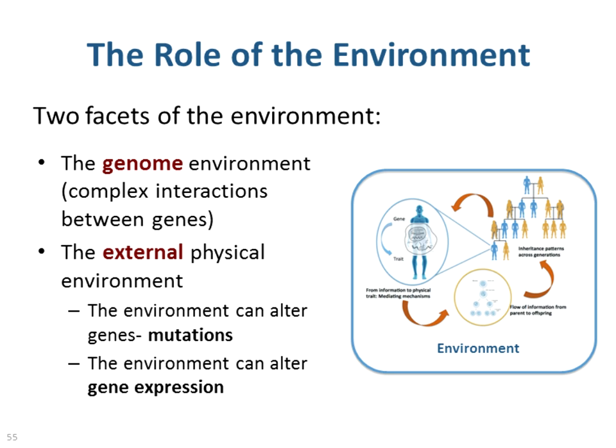But the environment can also alter gene expression. So if you think about something like tanning, what happens is that exposure to UV rays causes genes to turn on and express proteins involved in the synthesis of melanin, the substance that gives the skin a brown color.